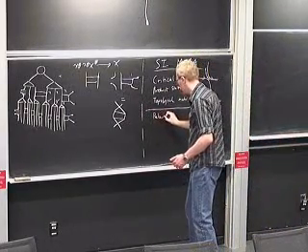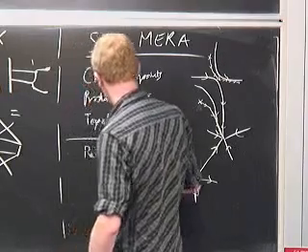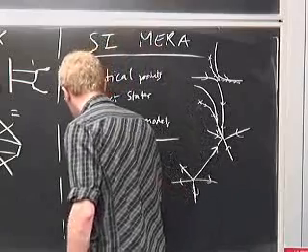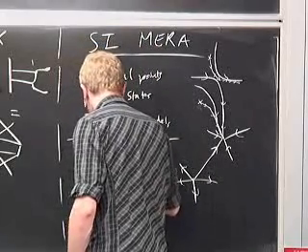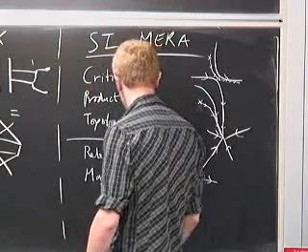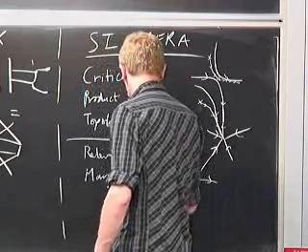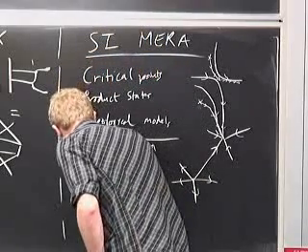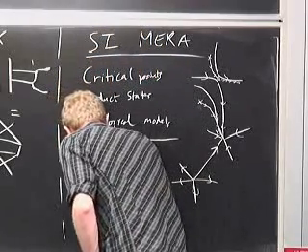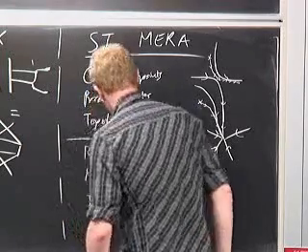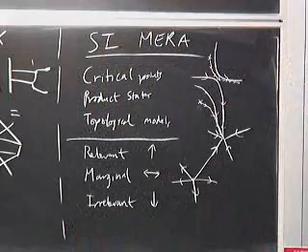A relevant component grows under the action of the real space renormalization group transform. A marginal operator scales the same as the Hamiltonian under this coarse graining, and an irrelevant operator scales less than the Hamiltonian.